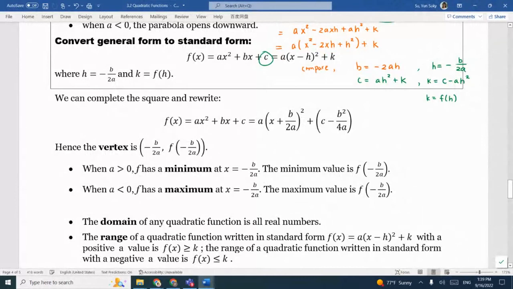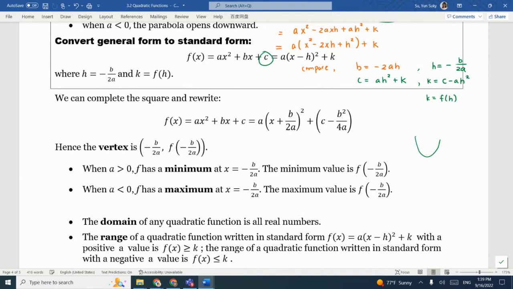So the vertex: h equals negative b over 2a, and k is f of h. This is the vertex. That's why if a is positive, the parabola opens up, then we have a minimum here. Do you see we have a minimum here? The minimum is at x equals this vertex, which is h, right?